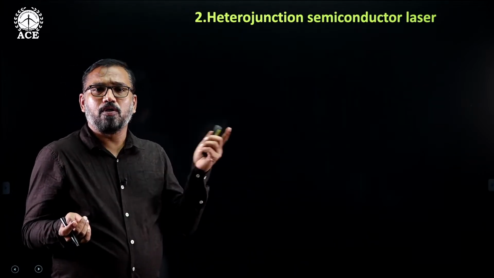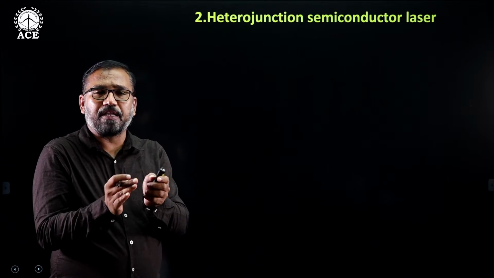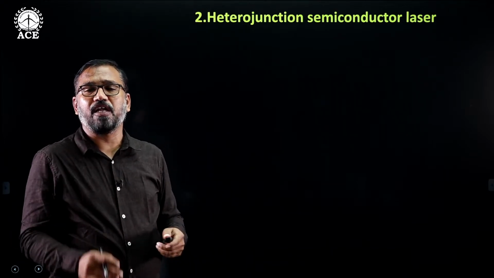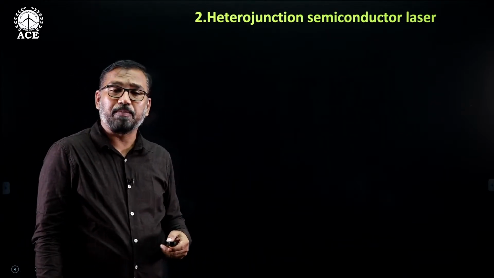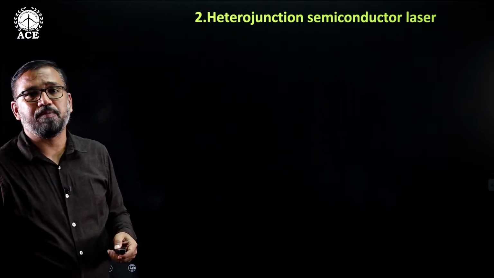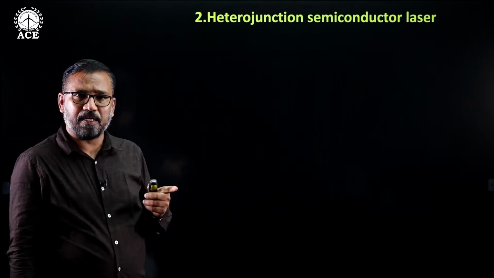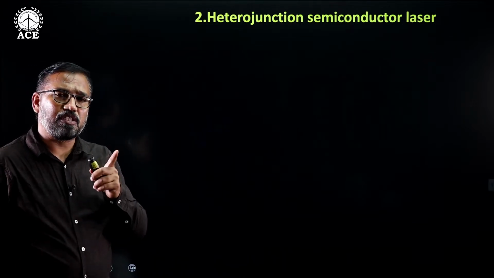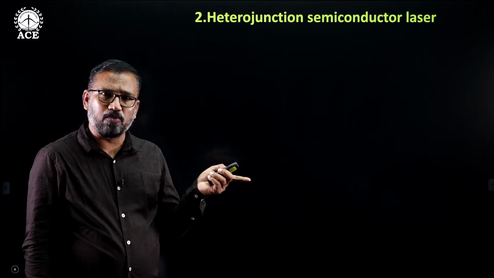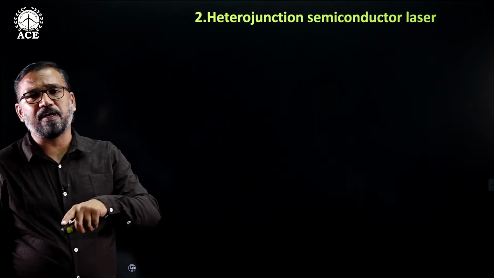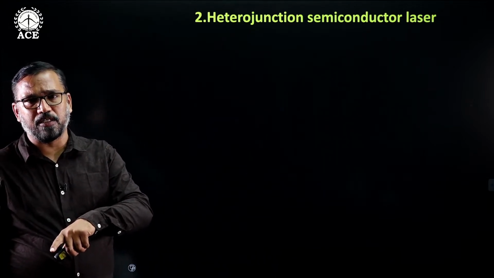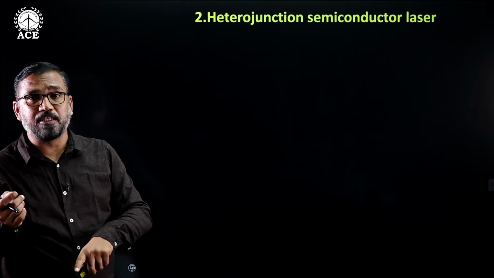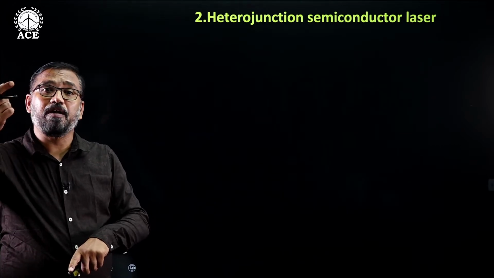Such a semiconductor is called a heterojunction semiconductor laser. Homojunction means the same kind of materials are used; heterojunction means different kinds of semiconductor materials are used. Or you can say the materials have different band gaps.